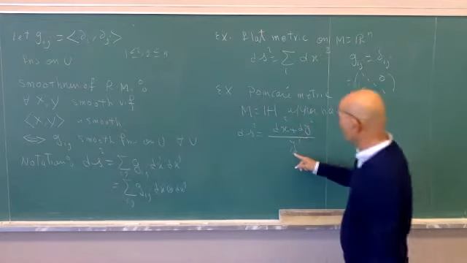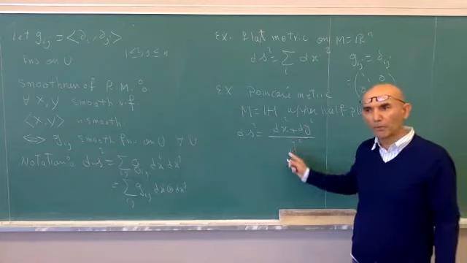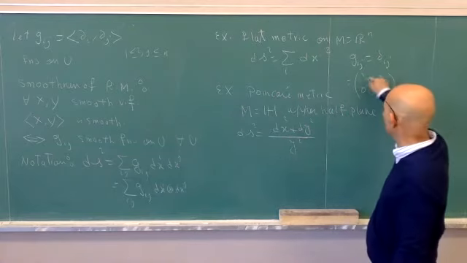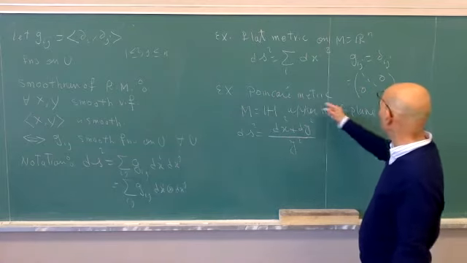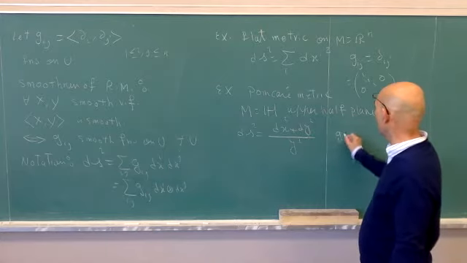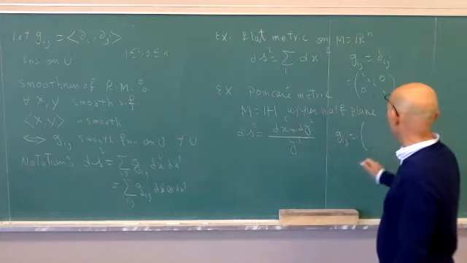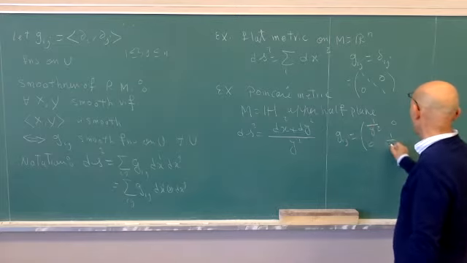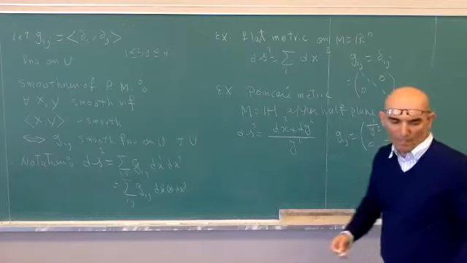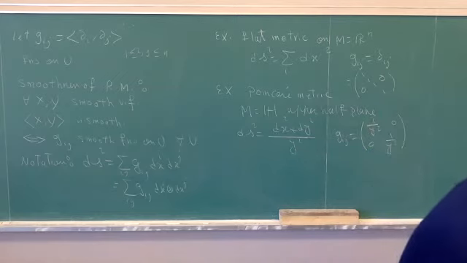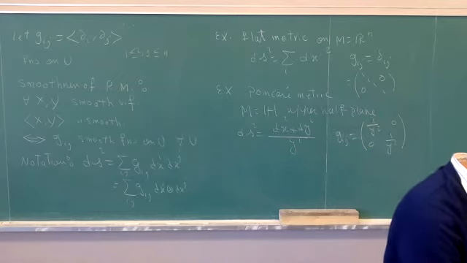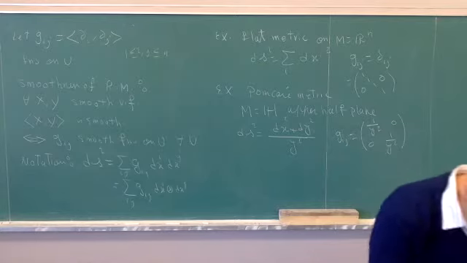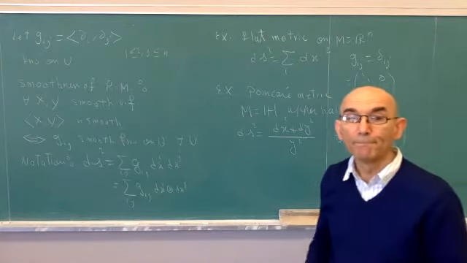You see, this is not flat a priori; it's not of this form. So the metric in this case, g_ij, is this 2 by 2 matrix: 1 over y squared, 0, 0, 1 over y squared. Okay, that's of that form.